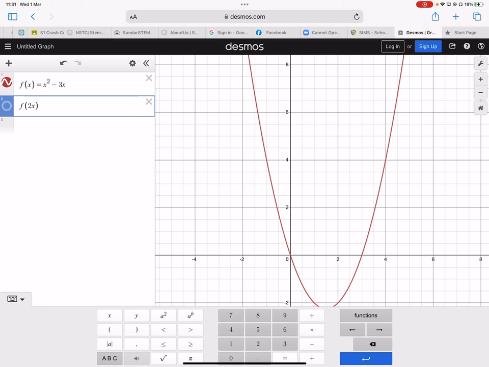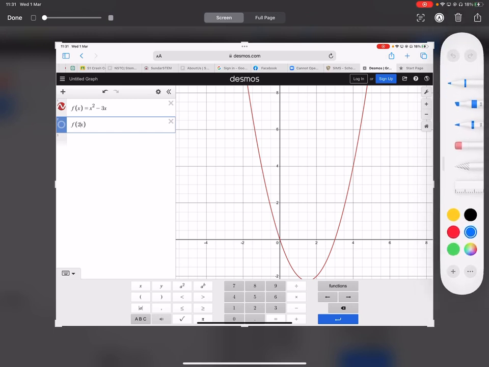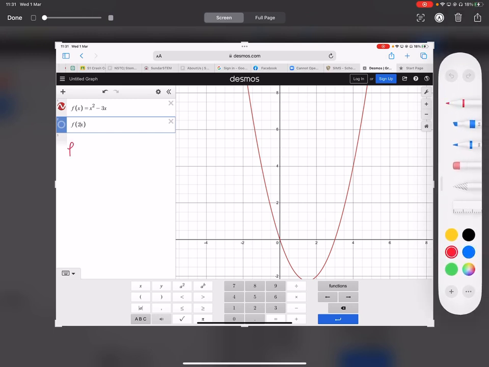Again, the same logic. अगर मेरे पास एक फंक्शन है, if I have one function which is f of x and the other function is f of 2x, now if I were to input x equals 4, that would give me f of 4.